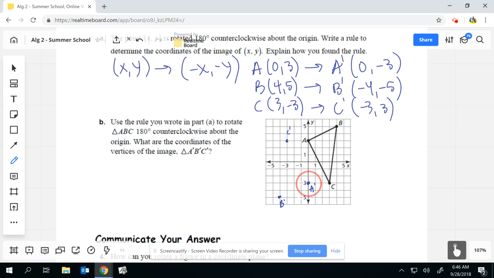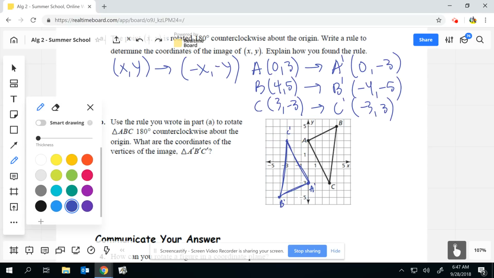And if you connected those, on your paper, I would connect them with a straight edge, ID card or phone or something. You're going to see that this thing got rotated exactly 180. A got rotated exactly 180. Actually, let me do those in a different color so you can see it a little bit better. So this B got rotated over here to this B.